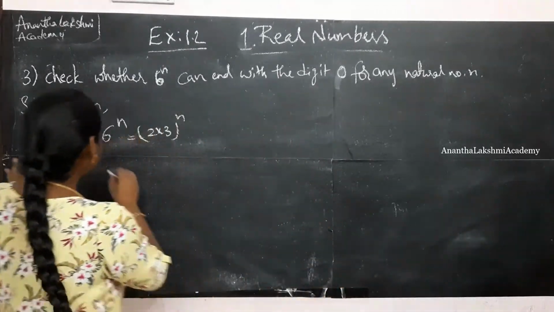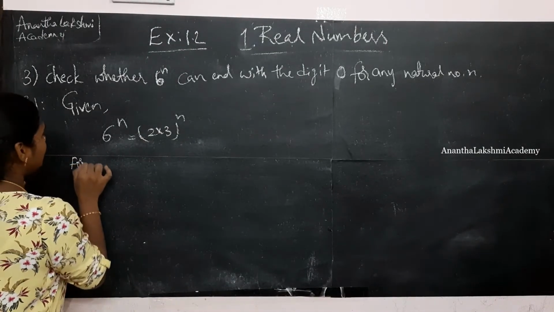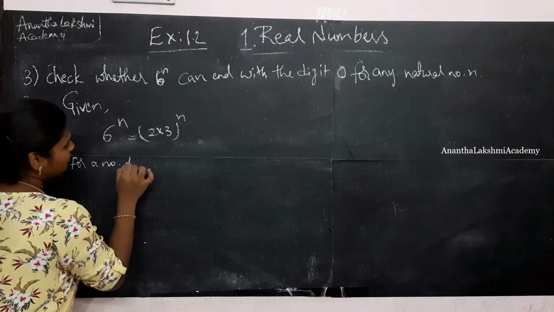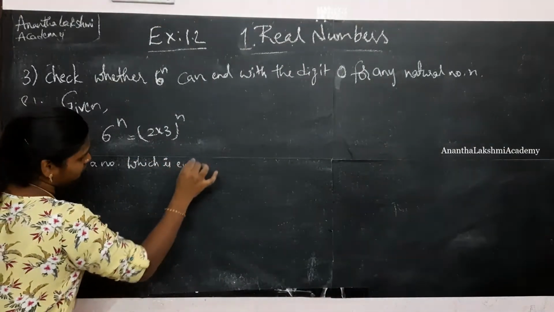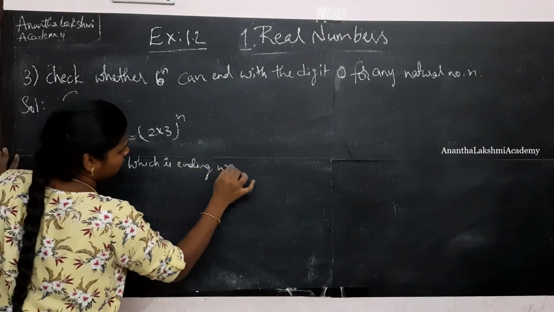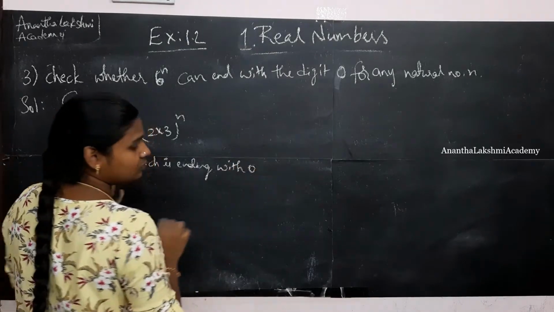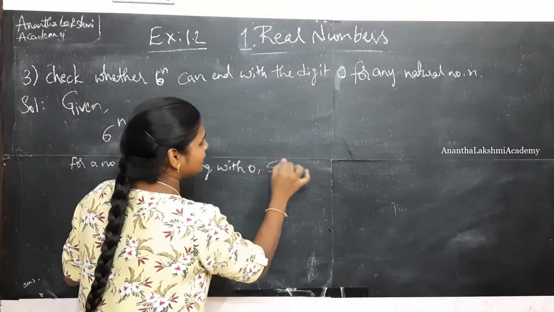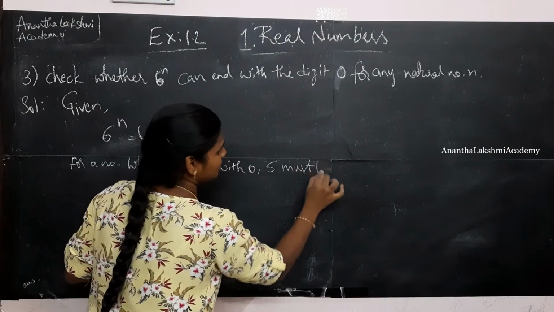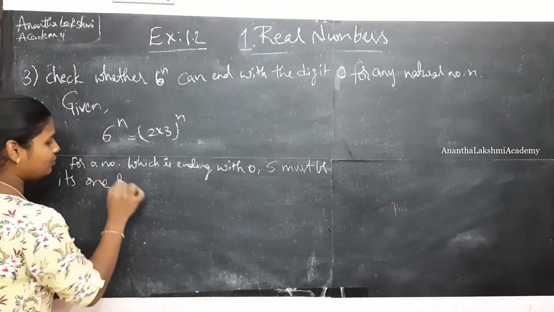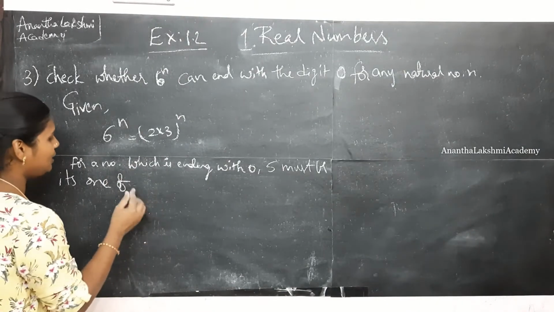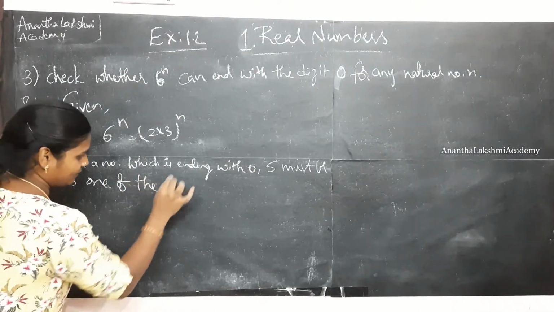Alright, let us state that. For a number which is ending with 0, 5 must be one of its factors. Either 5 should be the only factor or 5 should be one of the factors.